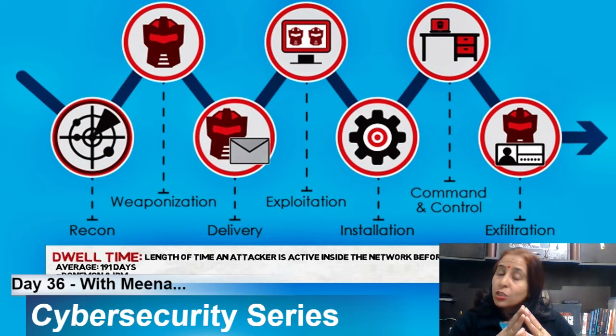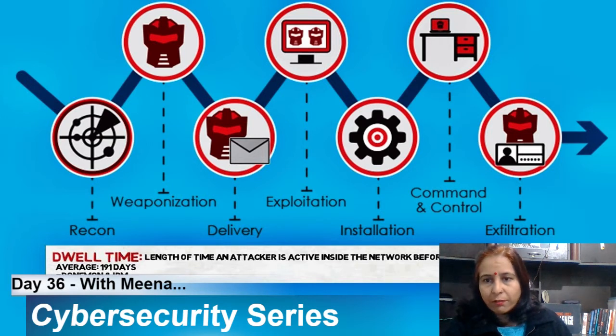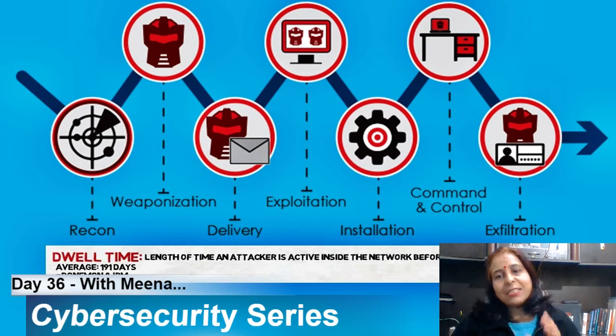After that they find out who their target is, whether a company, an organization, or an individual person. After deciding their objective and whom to target, they will collect as much information as possible from their target.